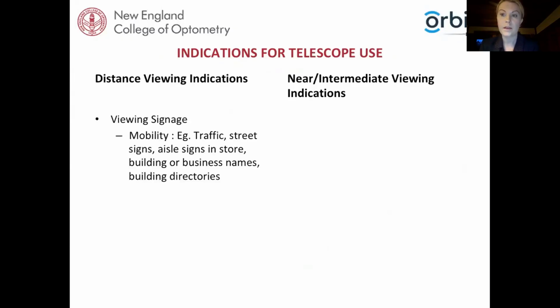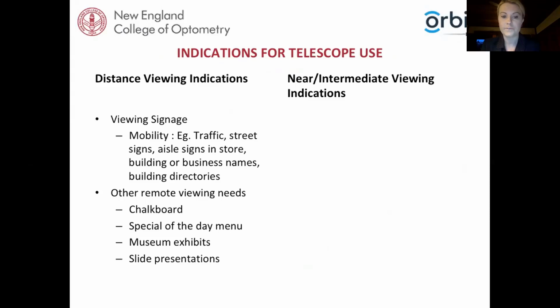The common instances where you're prescribing for distance would be to maybe see a traffic light, see a street sign, aisle signs in the grocery store, distant menu boards, business names, building directions, or maybe other needs like looking at a chalkboard, looking at museum exhibits, or maybe in a situation such as this, looking at a slide presentation.